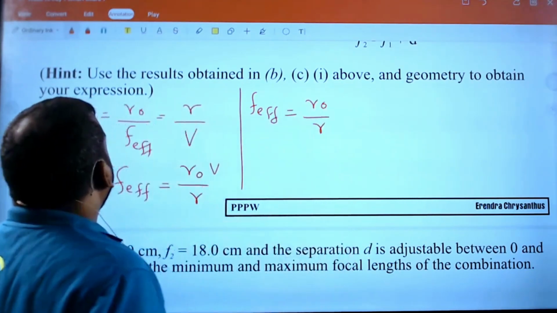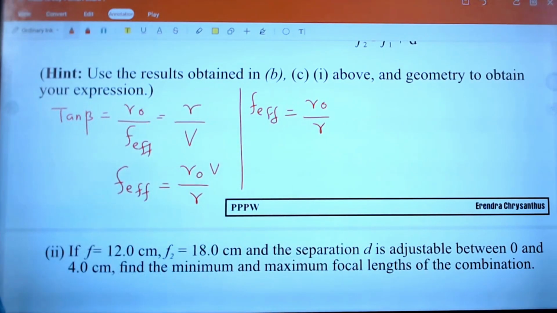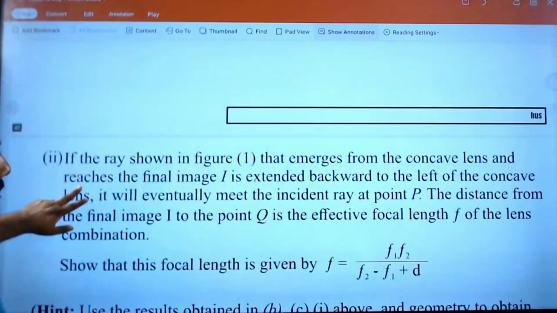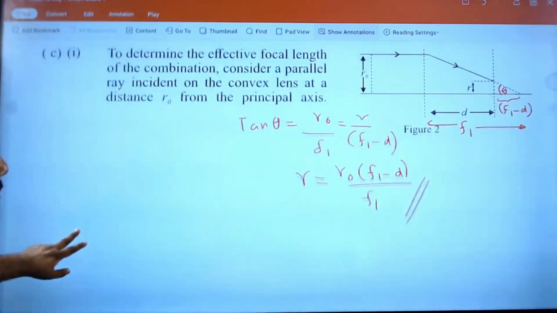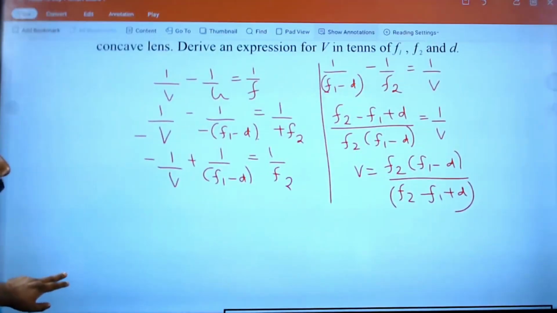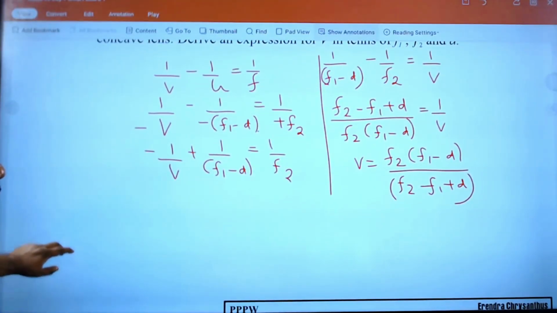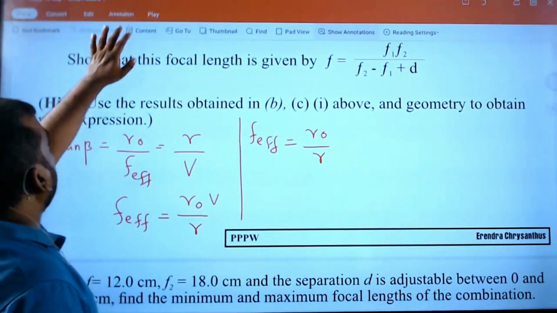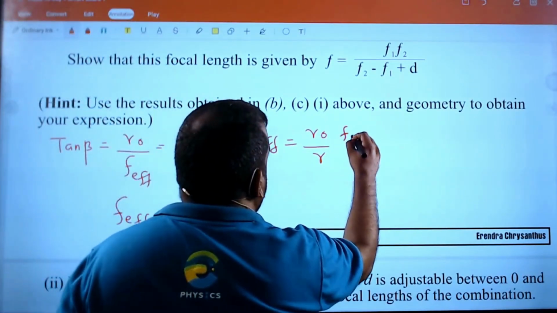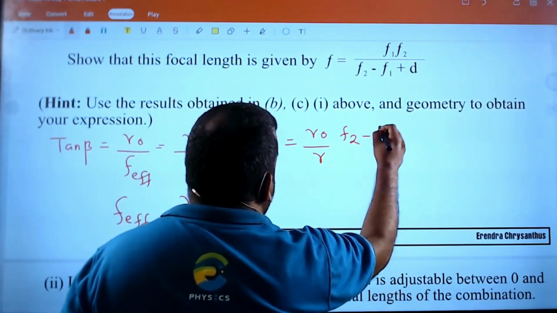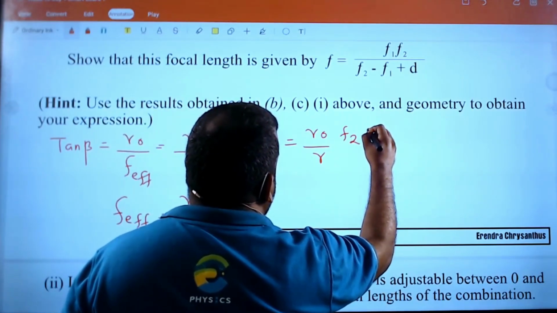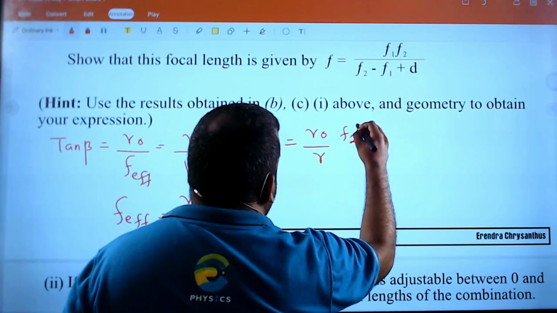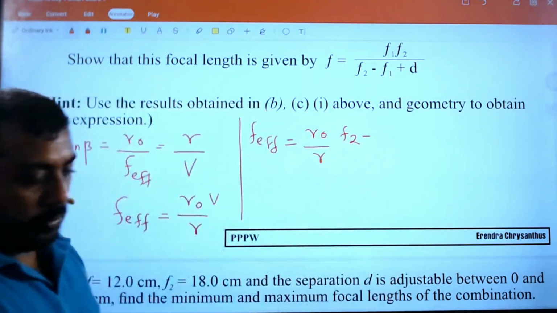What is V? Now the value for V, we have applied sign convention and found F2 (F1 minus D) over F2 minus F1 plus D. So we have proven this, no?